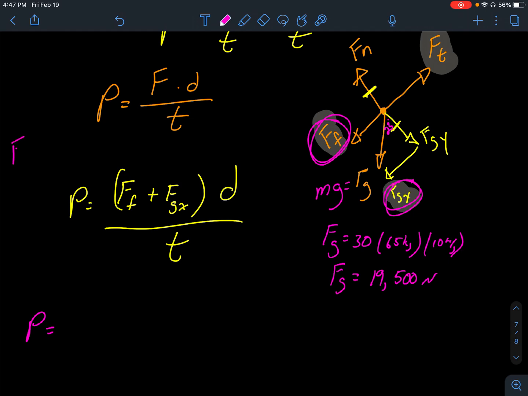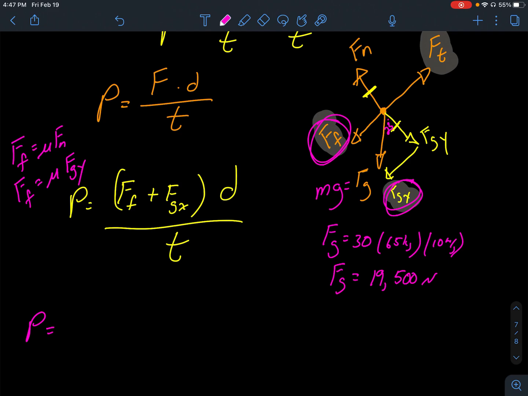So don't forget, force of friction is mu times normal. And I'm kind of disorganized in this, I'm not putting it all in the same spot, maybe just as far as the thought process. And force of friction, in this case, is mu times F_gy as well, because those two forces were equal.